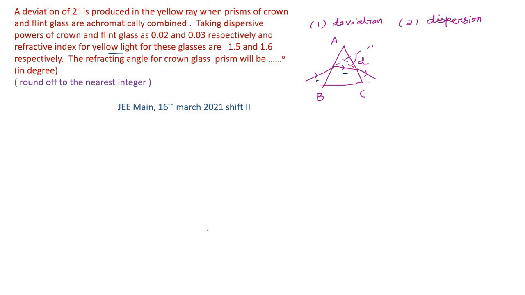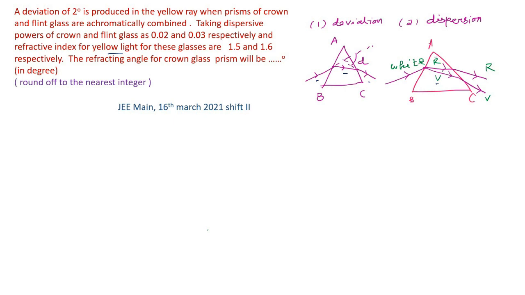Then what is dispersion? I already told you: splitting white light into its component colors. See here, ABC is a prism, BC, colors split, V for violet, this is for red.